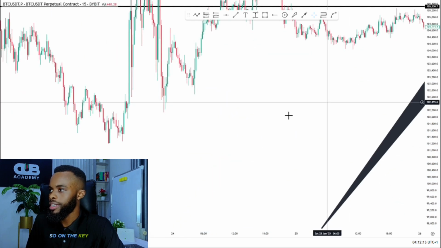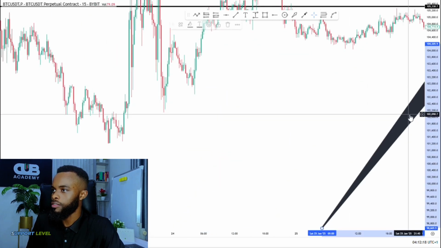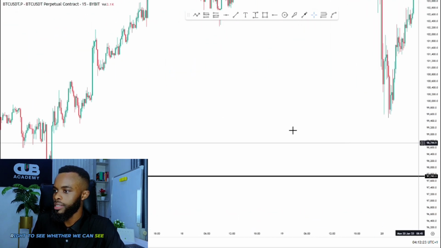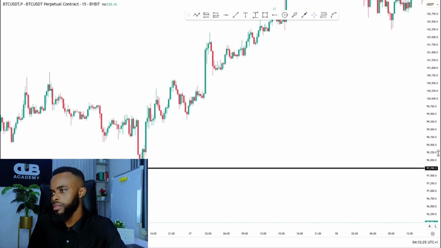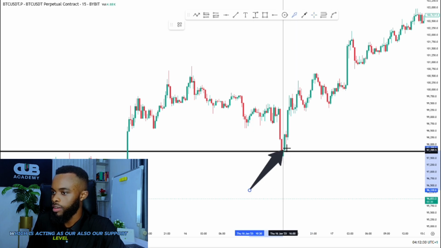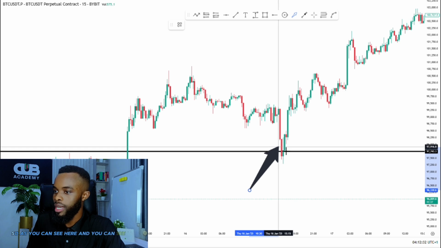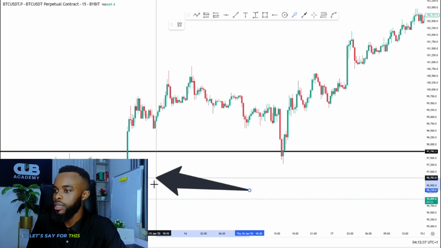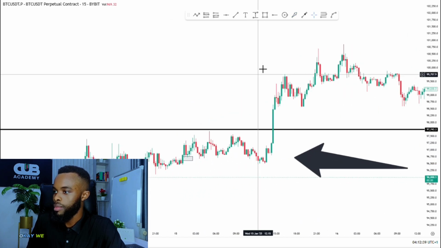So on the key support level, let's look at the demand level to see whether we can spot it. Here is our demand level, which is also acting as our support level, right? You can spot another one here, and another one here. Let's say for this one, we map it out like this.